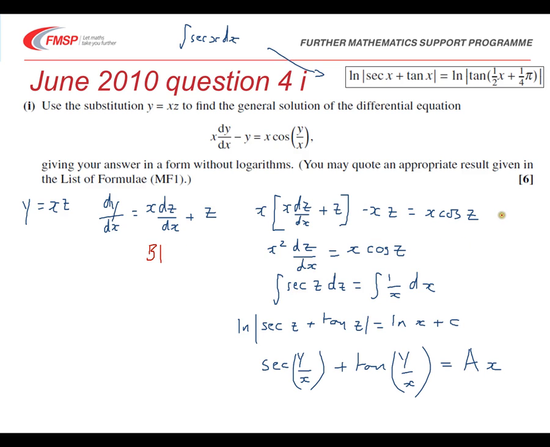A method mark then for substituting in, and an accuracy mark for getting the correct integral. There's then a method mark for applying that integral and getting an appropriate term from the formula book, and an accuracy mark for getting that whole thing correct, and then a final accuracy mark at the end there for this thing I was talking about, that the e to the ln x plus c rearranges to a constant times x.